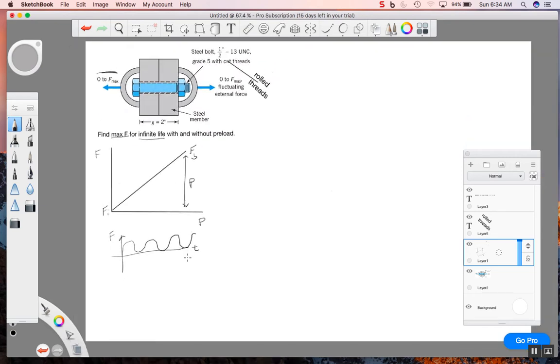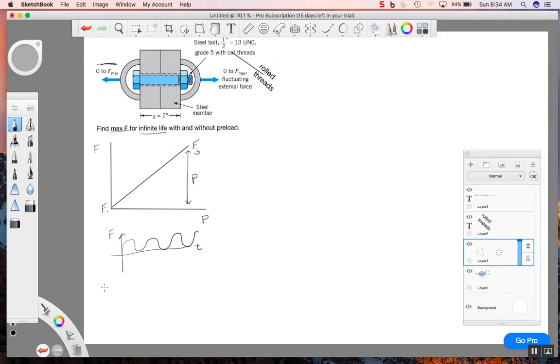My mean force is F over 2, and my alternating force is also F over 2.